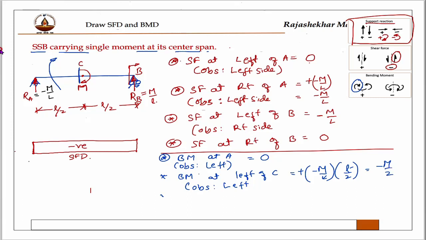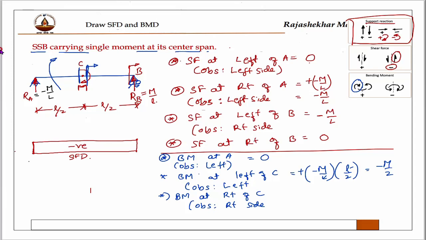Okay, then bending moment at right of C. Bending moment at right of C, observation from the right side. Now this is my section. I will see this side.